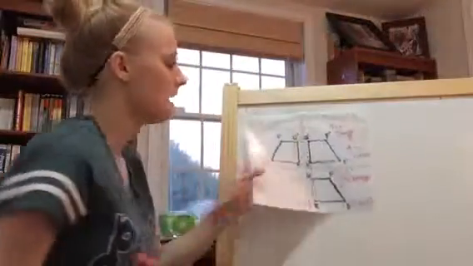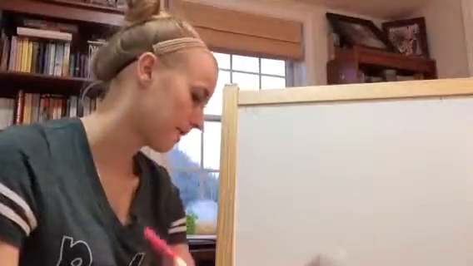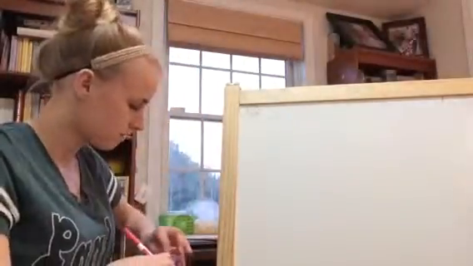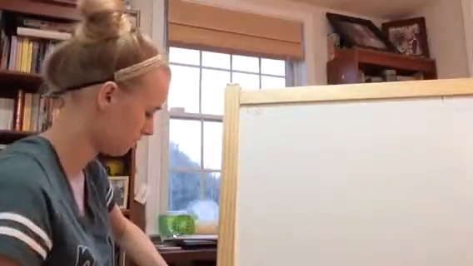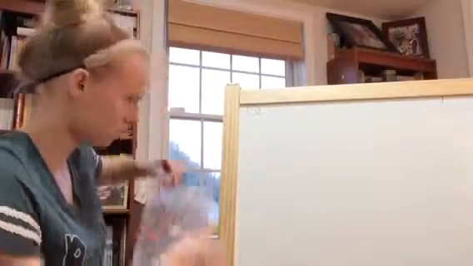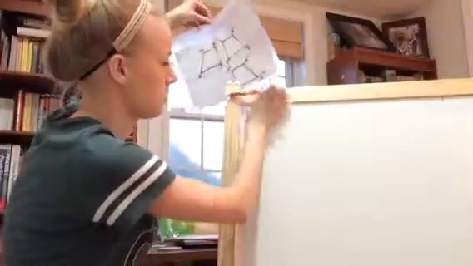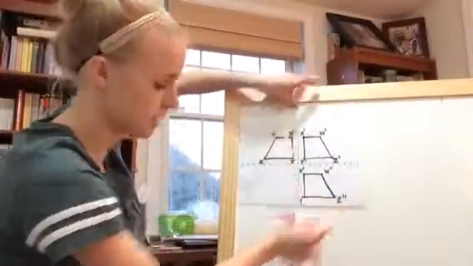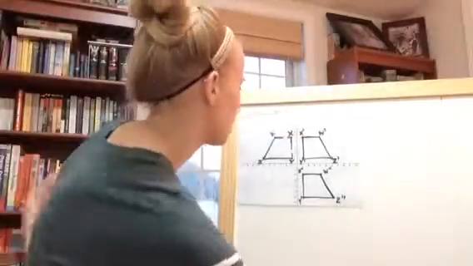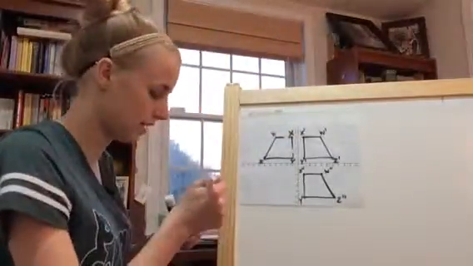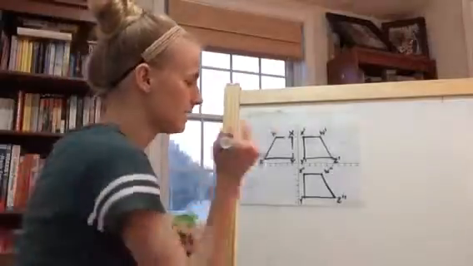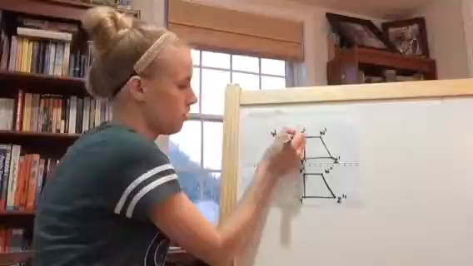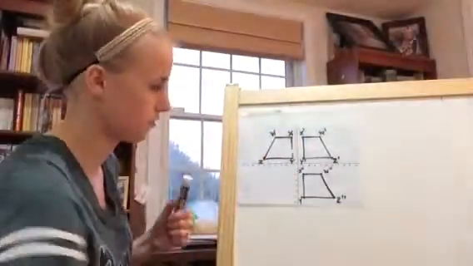I'm going to take a look at my second example, which I'm going to hang up here. Oops, it got a little messed up, so I'm going to have to fix it for us. Okay, so here is our quick check. Now we're going to be calling this image over here our pre-image.